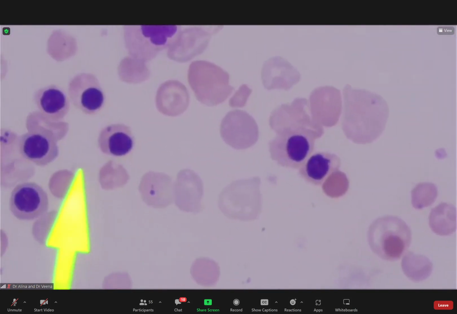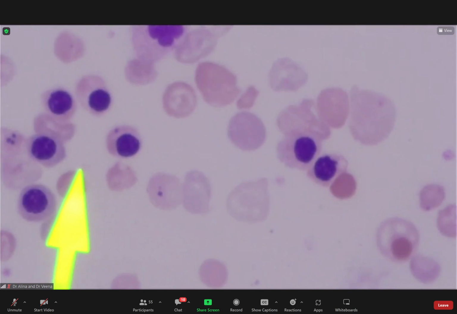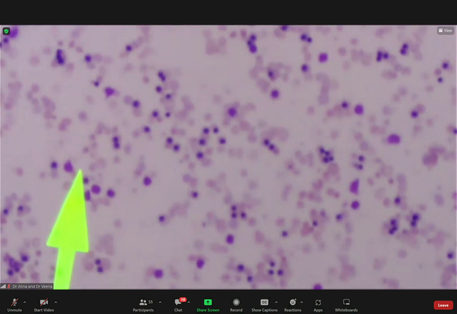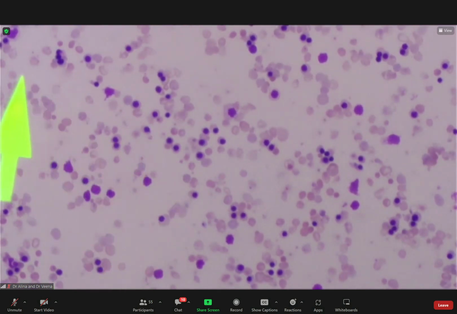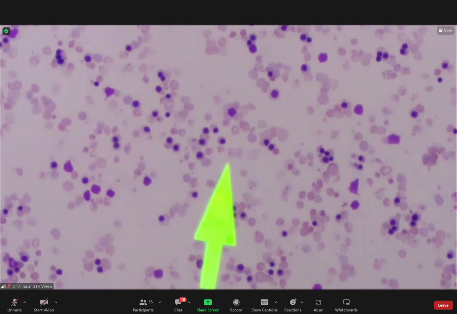Can you appreciate that? You have your hypochromic cells in the background, but you also have these cells without central pallor, right? So we know a dimorphic picture is typically a post-transfusion picture.